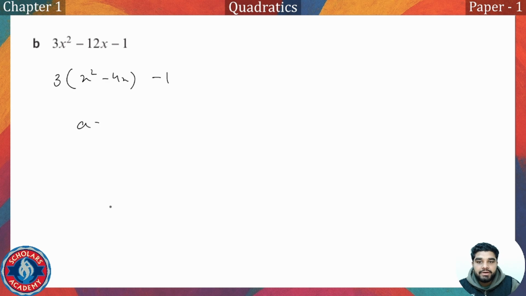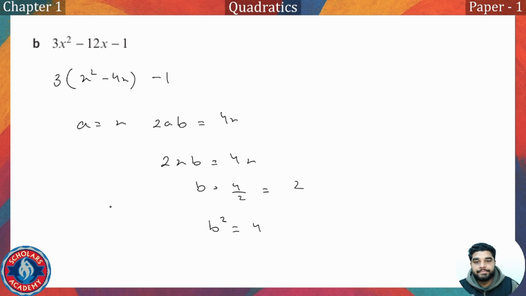So a over here is x. 2ab is 4x. If I substitute this I get 2x, b is equal to 4x, b is equal to 4 by 2. That is 2. If b is 2, b square is equal to 4.